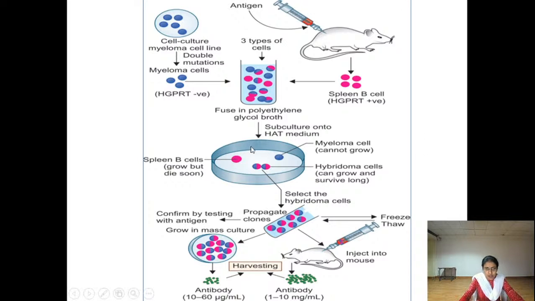What is the fate of these three cells on HAT medium? The unfused splenic B cells can grow, but do not survive long as they are not immortal. The unfused myeloma cells cannot grow as they lack the HGPRT enzyme to perform the salvage pathway of purine synthesis. The hybridoma cells can grow and survive long, so these are taken for further process.